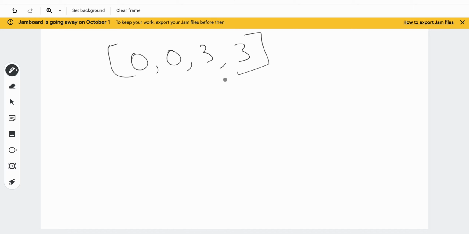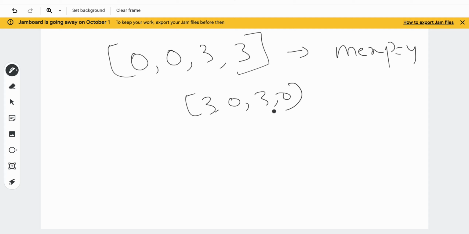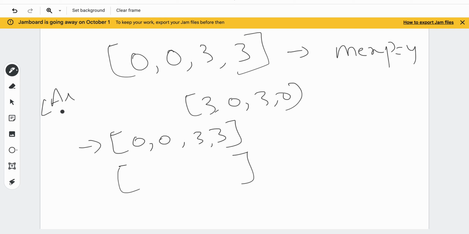Now friends, let's understand how we will approach this question. 0 0 3 3 is our array and the max possible is 4. Suppose the array is 3 0 3 0. First we will sort the array, 0 0 3 3. Now suppose our array ai is from 0 to n. To make it the maximum possible, it should look like 0 1 2 3.